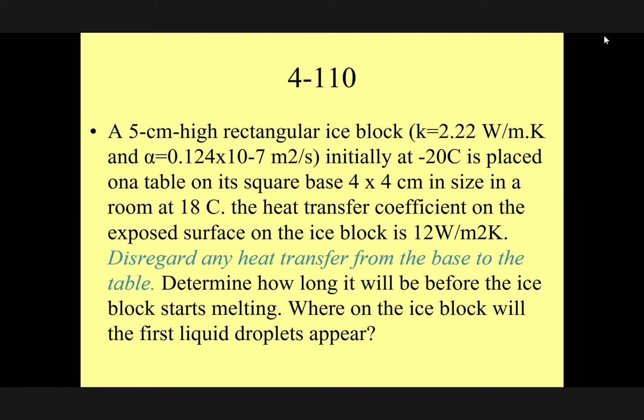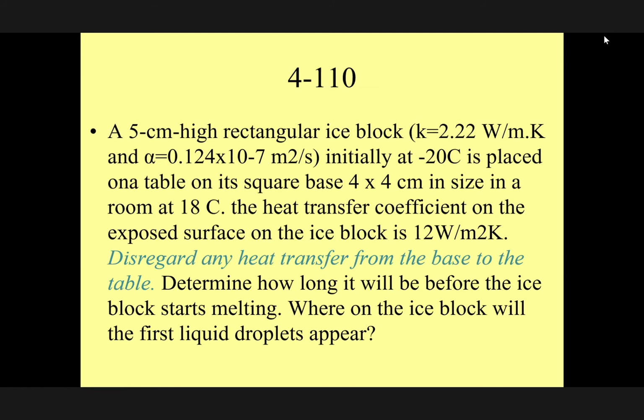Can I assume, if I put it here that you can see it here, that on this side there is no heat transfer? Disregarded means there is no heat transfer. Can I assume that rather than having 5 centimeters here, I have 10 centimeters, and that the same condition takes place here?